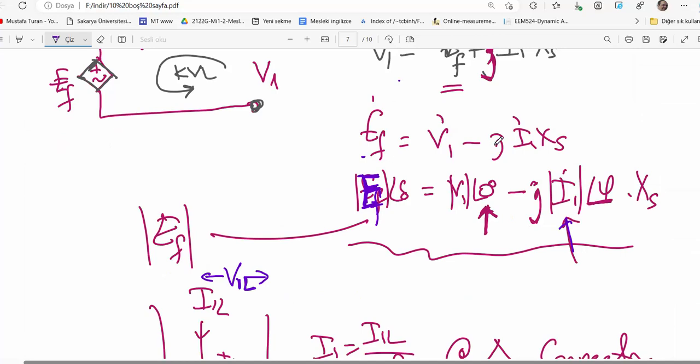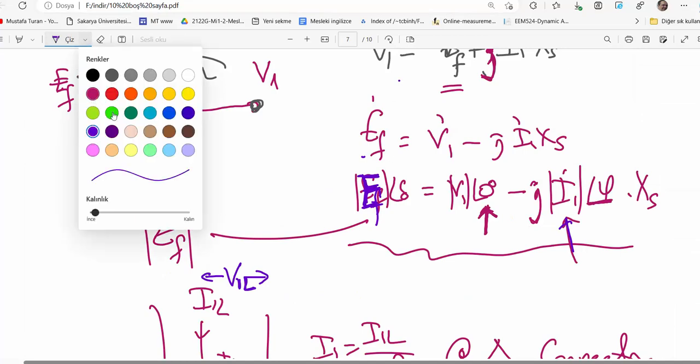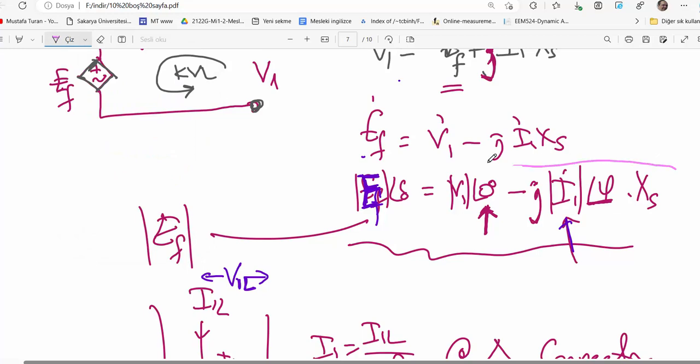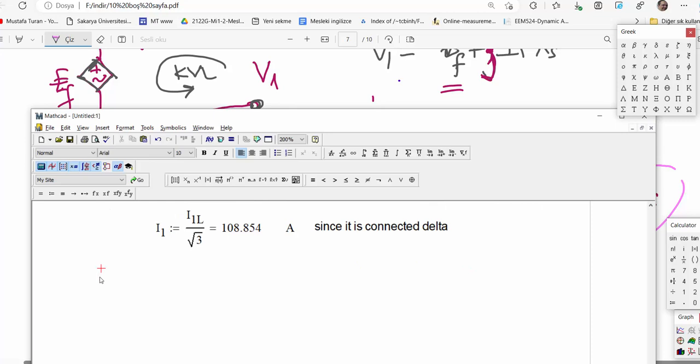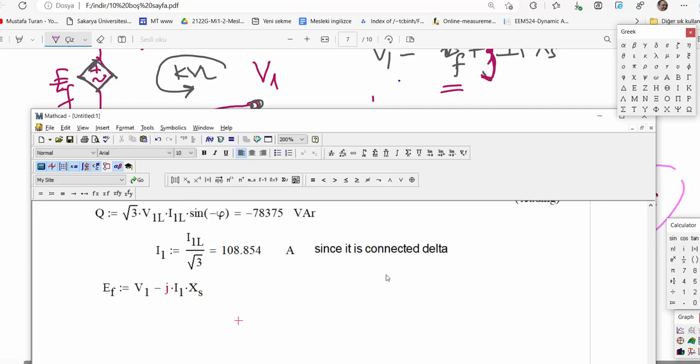Now our aim is to construct this equation. Induced EMF is equal to V1 plus or minus J times I1 times XS, and calculator says that J is not defined.